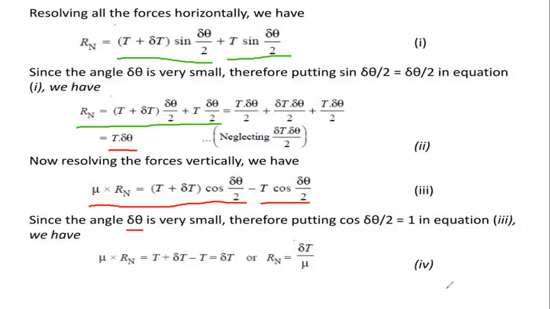So we have the equation as mu into Rn is equal to T plus delta T minus T. So in total we got Rn is equal to delta T by mu. Here we also got T into delta theta. So these are the two reactions we have got.